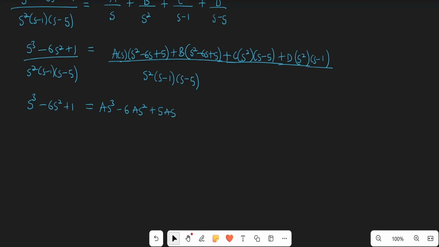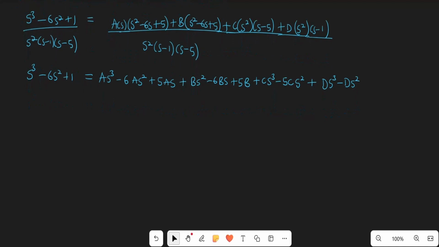We are done with the first one. Now this one is going to be plus Bs^2 - 6Bs + 5B. Next one is going to be plus Cs^3 - 5Cs^2, and now plus Ds^3 - Ds^2, like this.